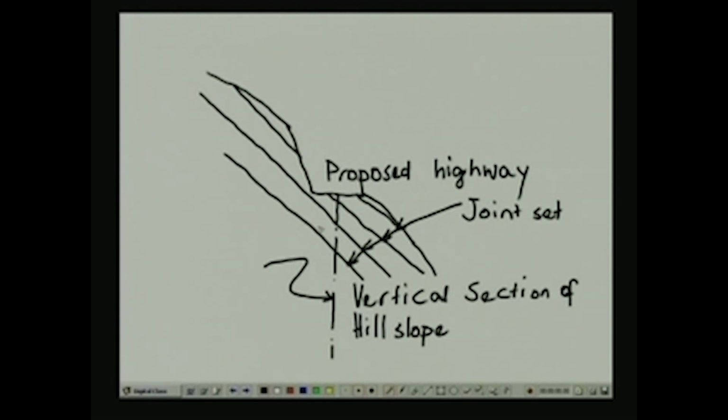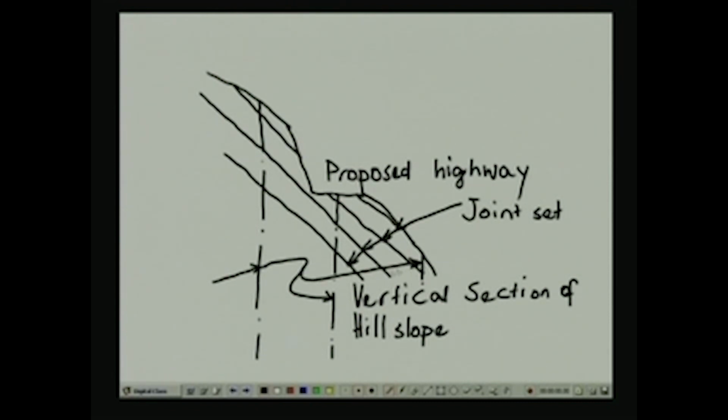So, in order to capture the geometry of the joint sets, we have to have subsidiary investigation downslope and upslope of the center line of the proposed highway.